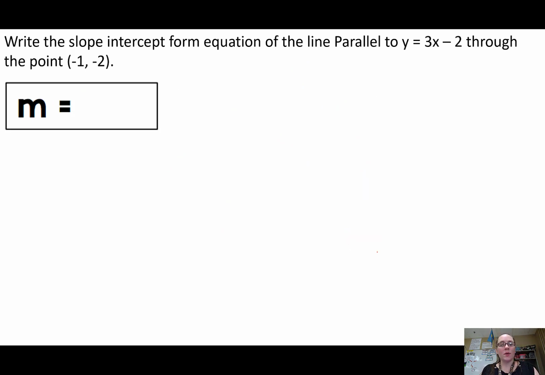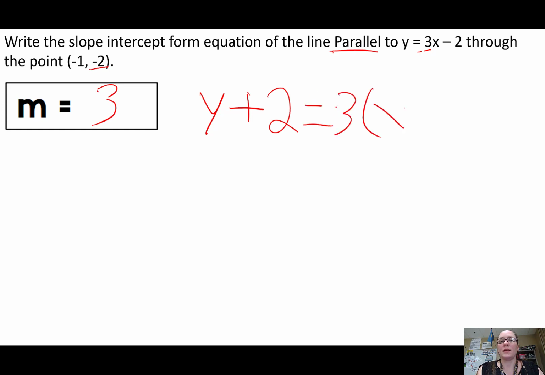Okay, let's go ahead and try another one. So we're going to again write the equation that's parallel to y equals 3x minus 2 through the point -1, -2. So what slope am I using this time? Okay, using the slope of 3. So we're going to plug into point slope form. So we get y minus y1. So y1's a -2, so we get +2 there is equal to 3 times x.